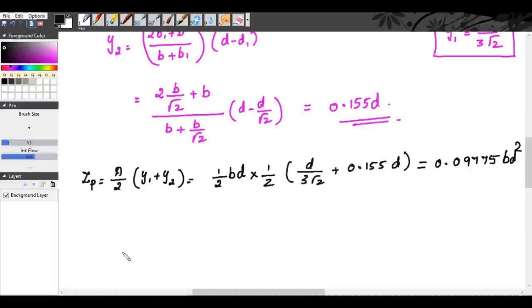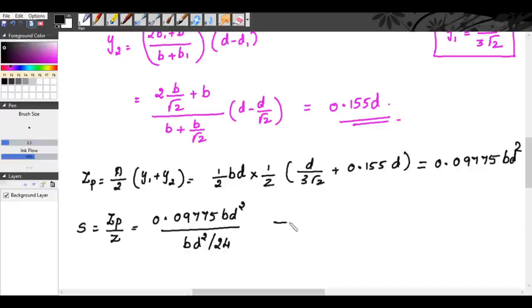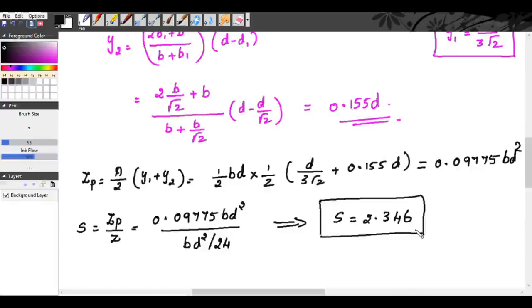Now the shape factor S is equal to ZP by Z. You get 0.09775 BD square divided by Z, which is BD square by 24. You get S is equal to 2.346. This is the shape factor for a triangular section.